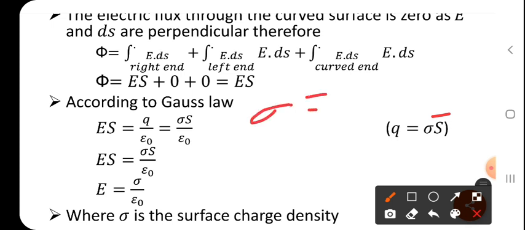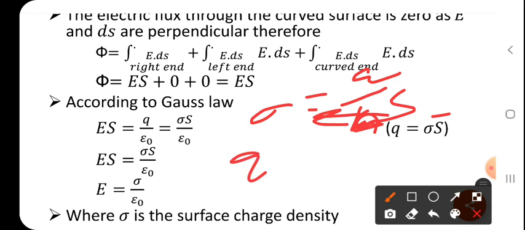Sigma is the surface charge density, which is charge by area, and the area is replaced by S. Bringing S to this side, Q can be written as sigma S.